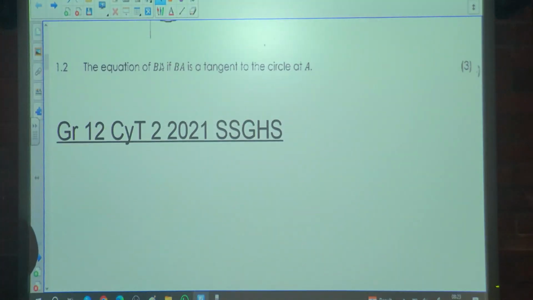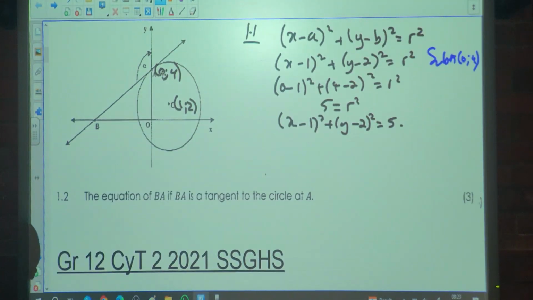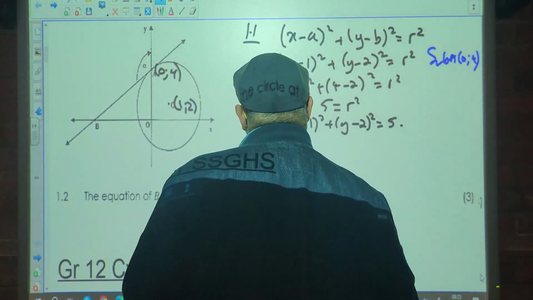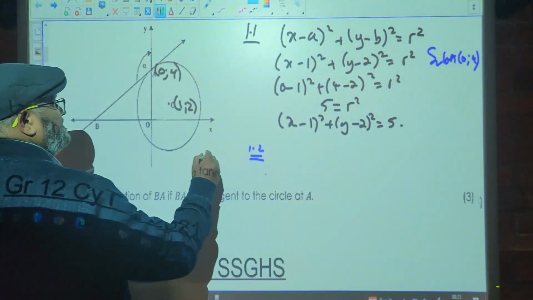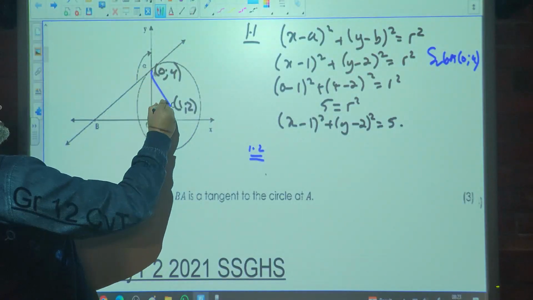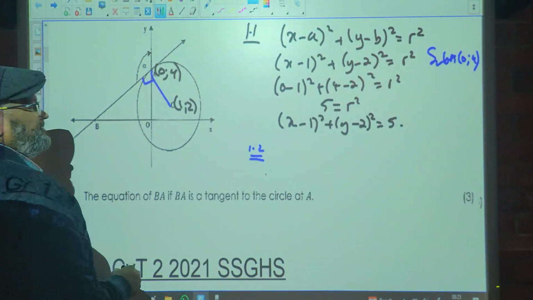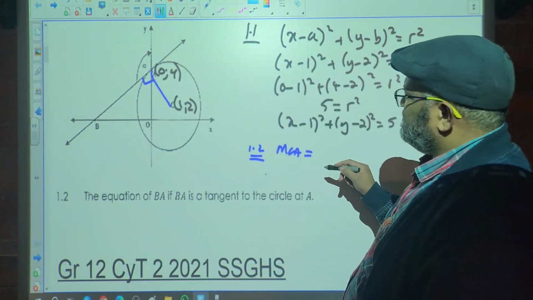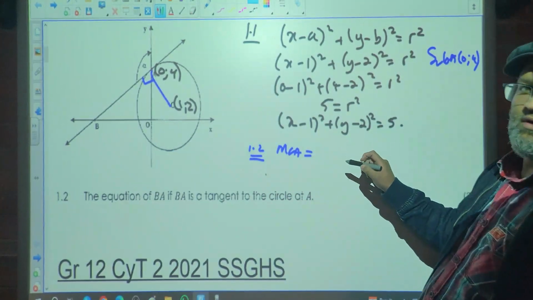Let's look at 1.2. 1.2 says the equation of BA, if BA is a tangent to the circle at A. So we know that the radius will always be perpendicular to the tangent. So the gradient of CA, which is the radius, is going to be change in y over change in x.